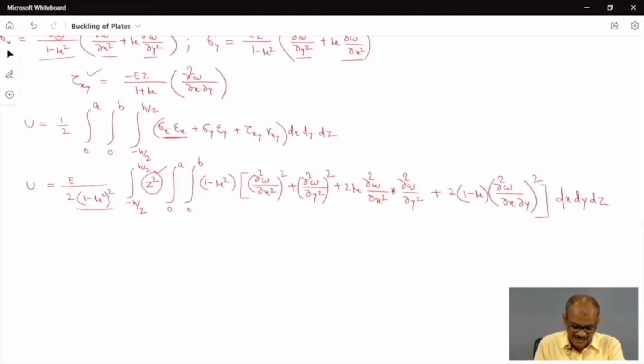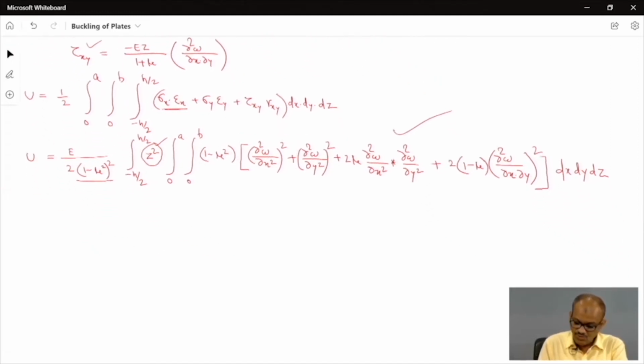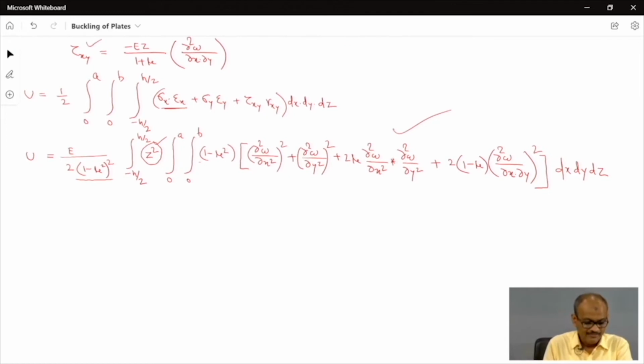So finally this will be the expression. You can do this as homework. Then if we further simplify, U is equal to D by 2, where D is the bending stiffness of the plate, that is Eh cube by 12 into 1 minus mu square, and this integration is 0 to a and 0 to b.